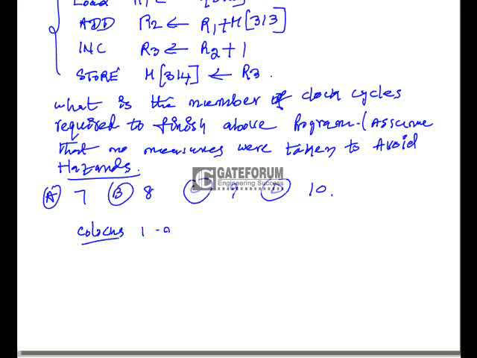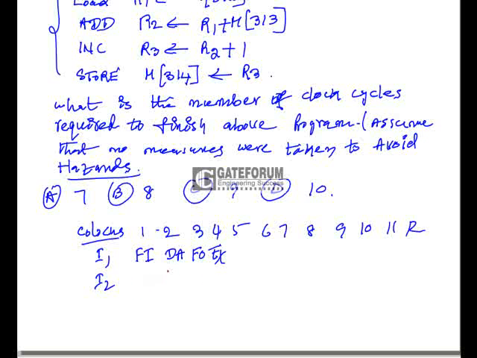So now, let us see the clocks required for this. Let us consider the clocks 1, 2, 3, 4, 5, 6, 7, 8, 9, 10, 11, 12 like this. So first instruction I1, fetch instruction. Each phase requires one clock cycle only. Fetch instruction, decode and calculate effective address, and then fetch operand, and then execute. By the 4th clock cycle it will be finished. Then for I2, we can fetch instruction, decode and calculate effective address.